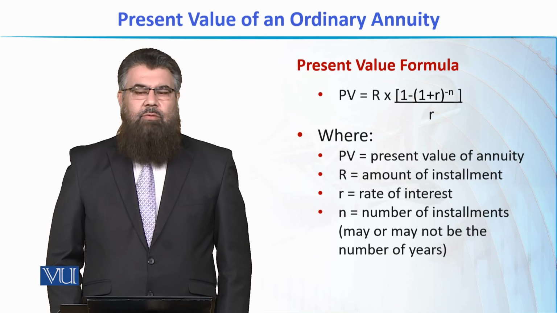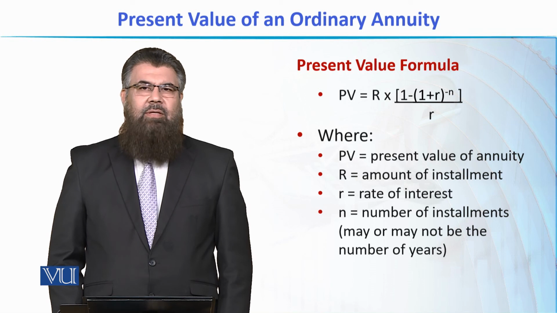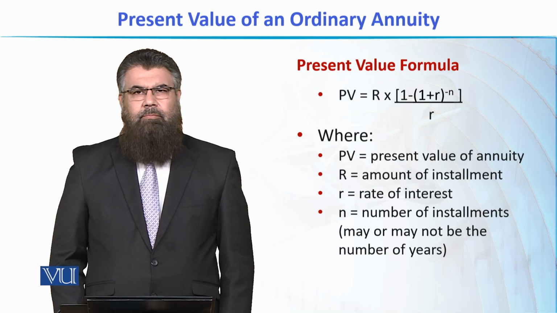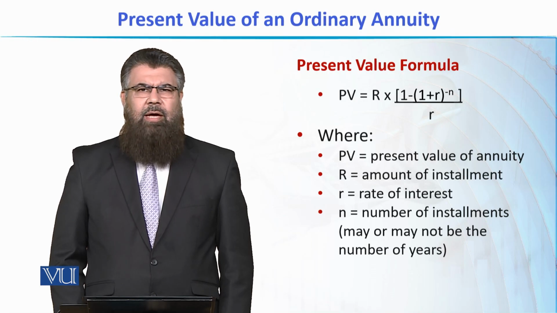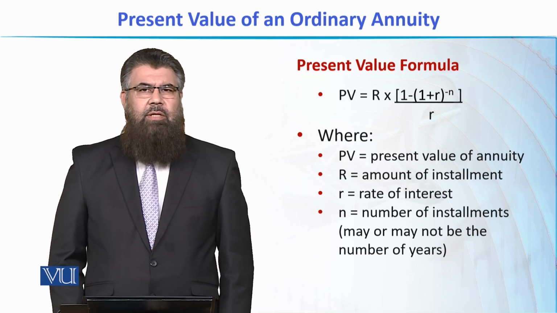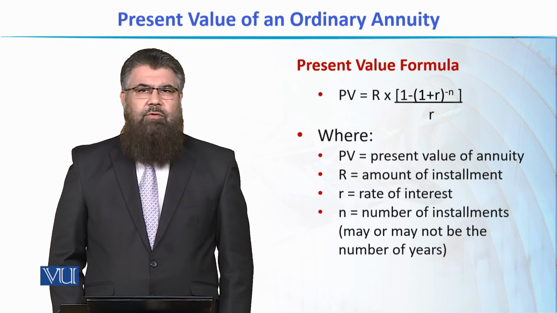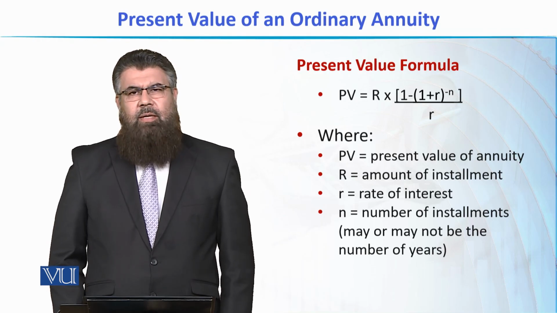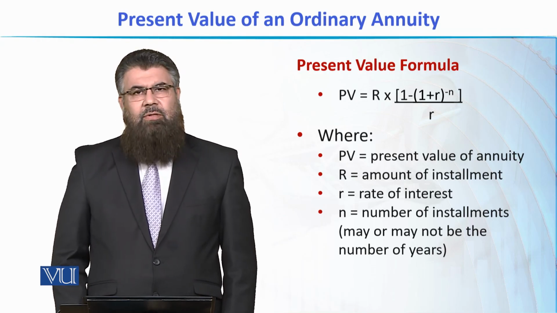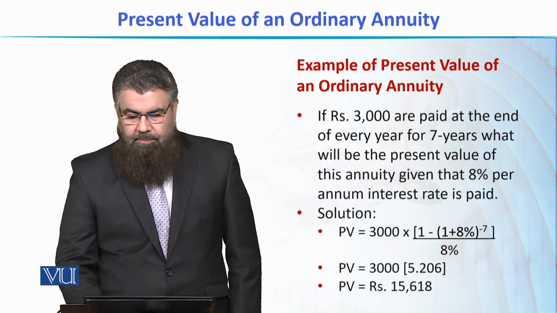Here I would like to mention that n should not be considered as the discounting period, for the reason that in some cases we apply the formula annually and we have more installments in 1 year. For example, if the installments are monthly or quarterly, then in 1 year we'll have more installments. So a better way is to consider n as the number of installments in that particular problem.